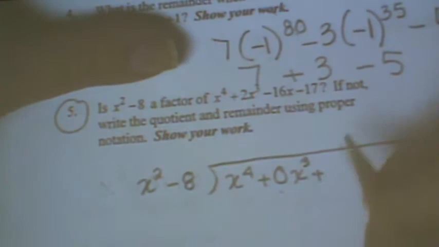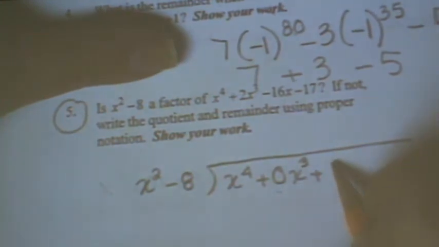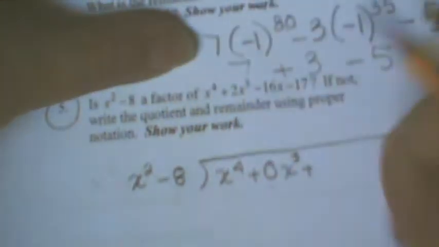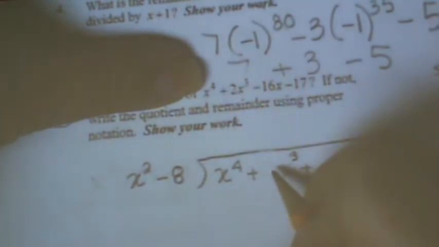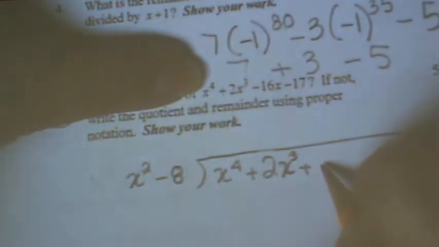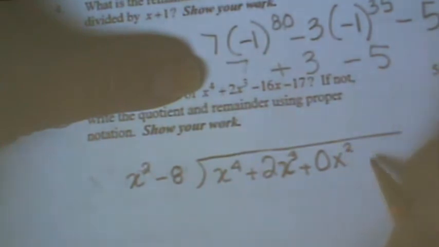Oh, sorry, it's 2x to the third, it's in there. Did you just try to erase the problem? There's no x squared, right?